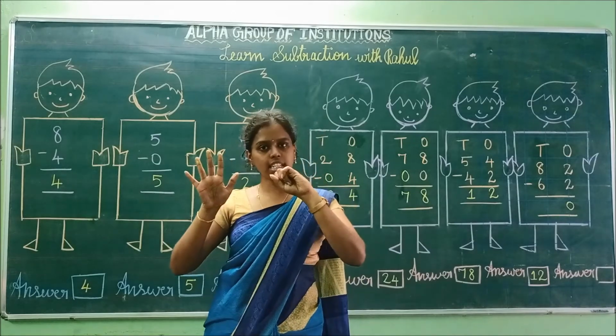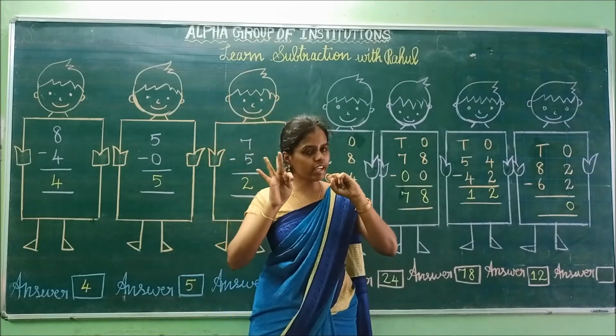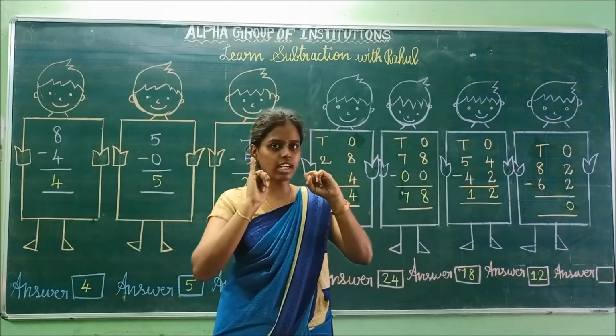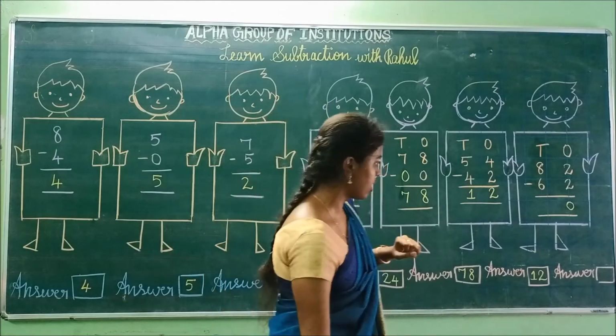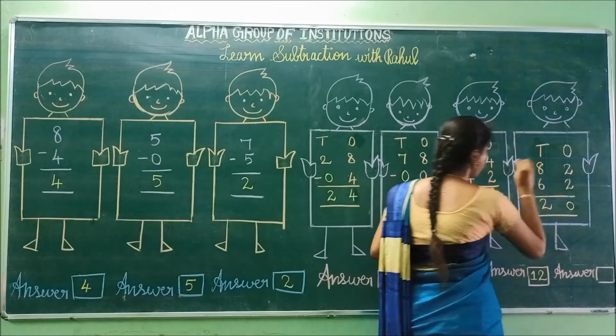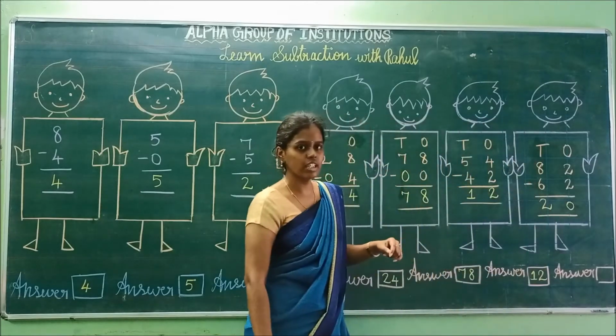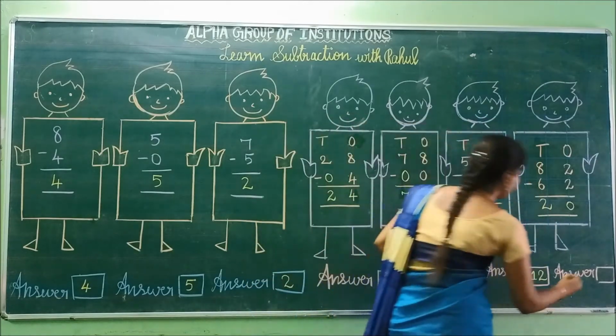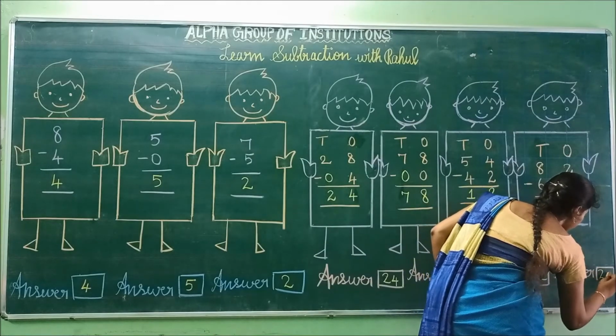Before 8, 7, 6, 5, 4, 3 and 2. Your answer is 2 here. So, what's your final answer? Yes, your final answer is 20.